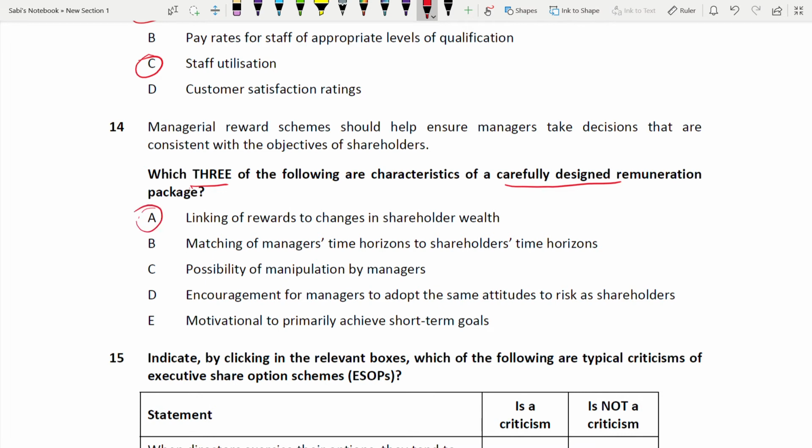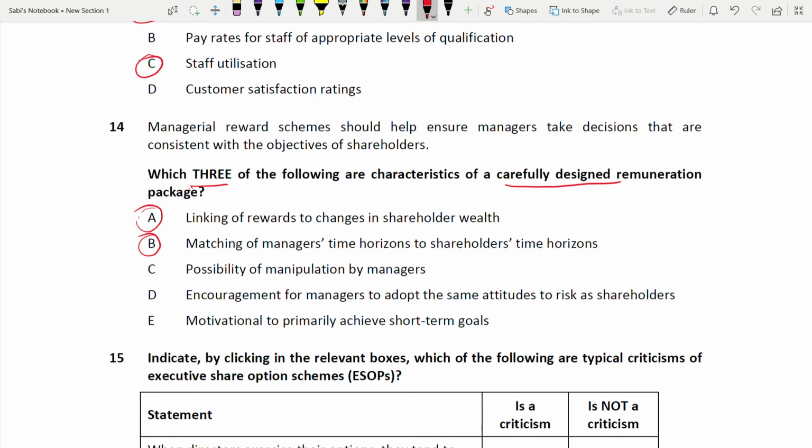B, matching of the manager's time horizon to shareholders' time horizon. Definitely. This was also one of the things which we studied. C, possibility of manipulation by managers. So if managers can manipulate, then it's not a carefully designed package. So C is not the answer. D, encourage managers to adopt the same attitude to risk as shareholders.